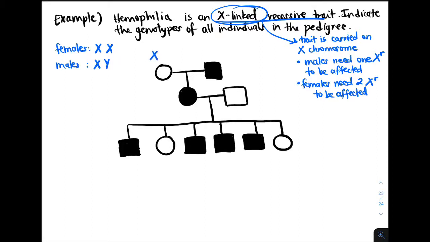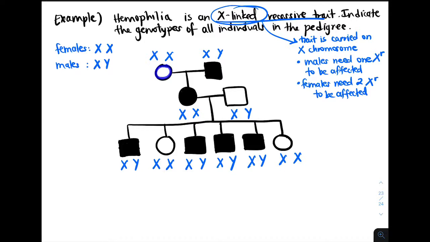So let's try to fill this pedigree out. The first thing I like to do is fill in all the individuals with whether they are a male or a female, so whether they have two X chromosomes or one X and one Y. Now, once we've done that, we can start out with the first individual.